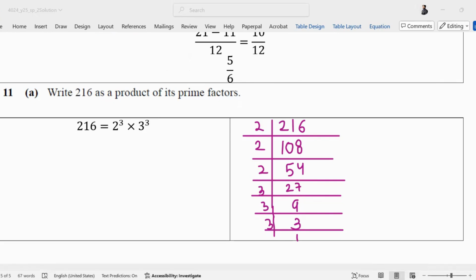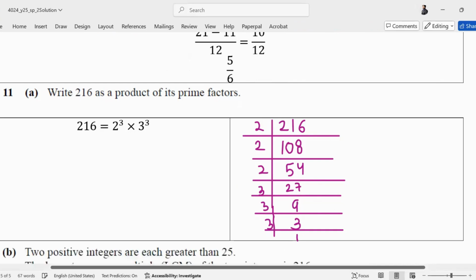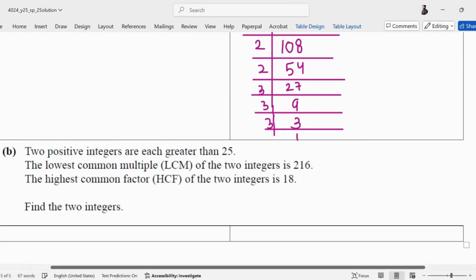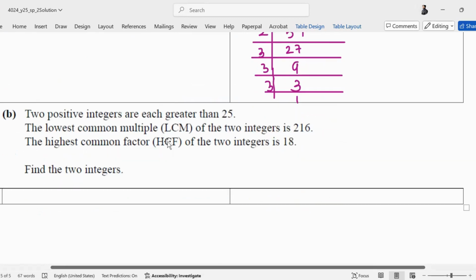Okay, now in part B, these kinds of questions often confuse students, although they should not, but they do. Okay, let's read the question. 2 positive integers are each greater than 25. The lowest common multiple is 216.